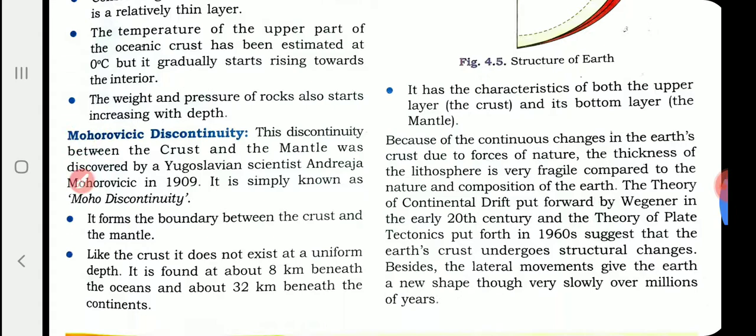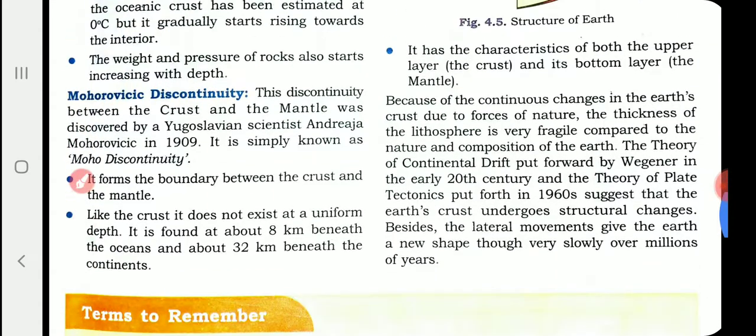So all these things we had discussed in the previous videos, and also we have seen about the chemical composition of core, crust, and the mantle. Upper mantle is in molten state, and that is known as asthenosphere.